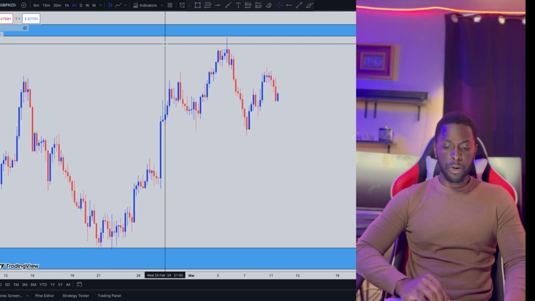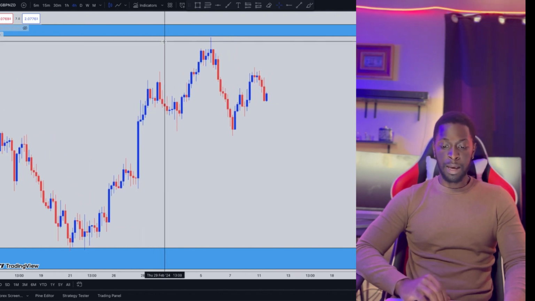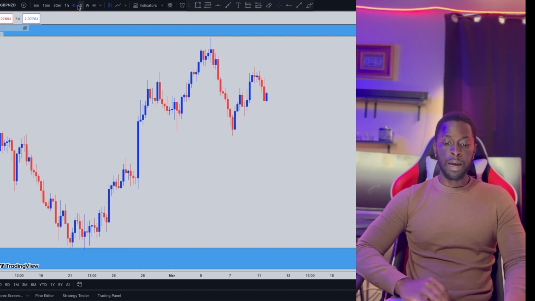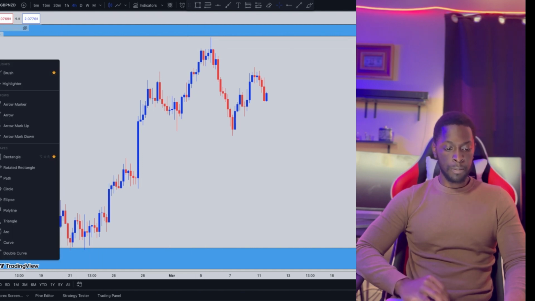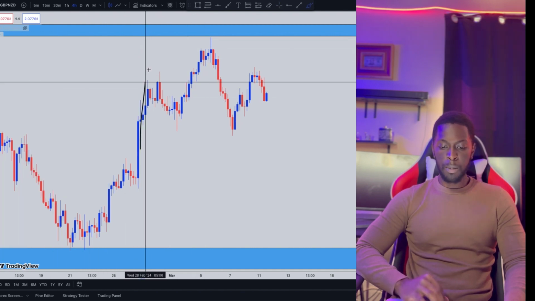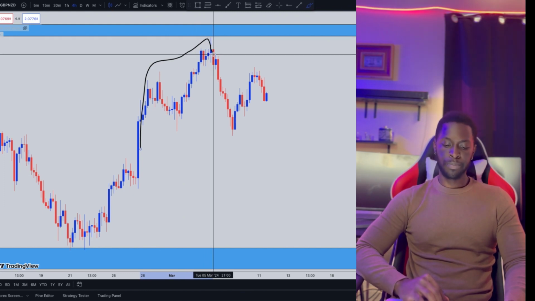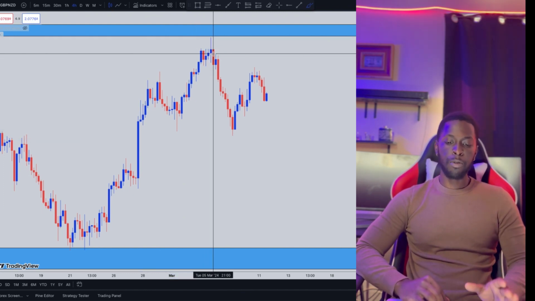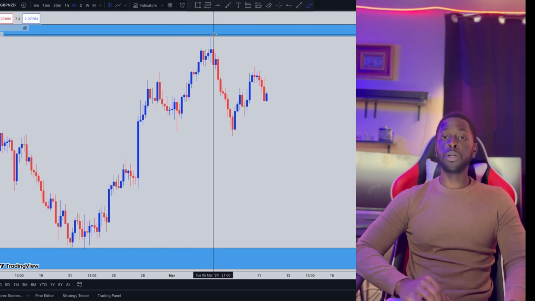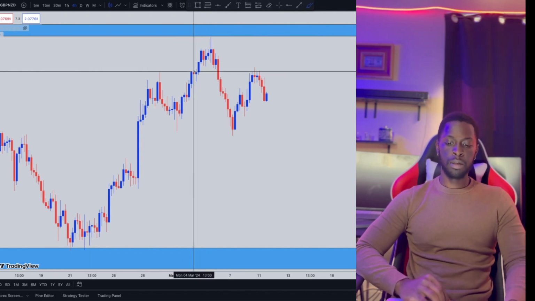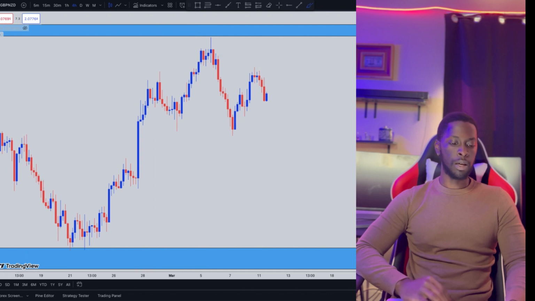So I'm looking for a rejection, and that is exactly what we got. As you can see, price came up right here and rejects that level. It was not ready to break past. Price did not want to rise yet. And that's okay, because we can sell this down.